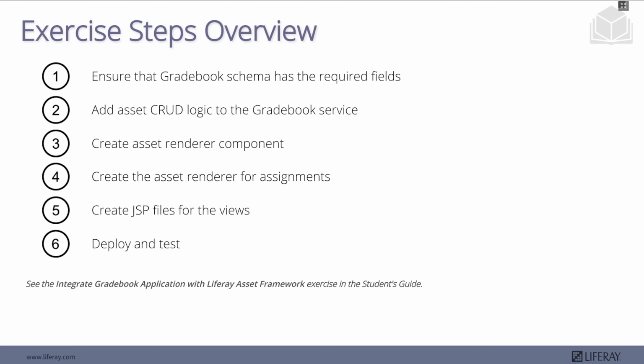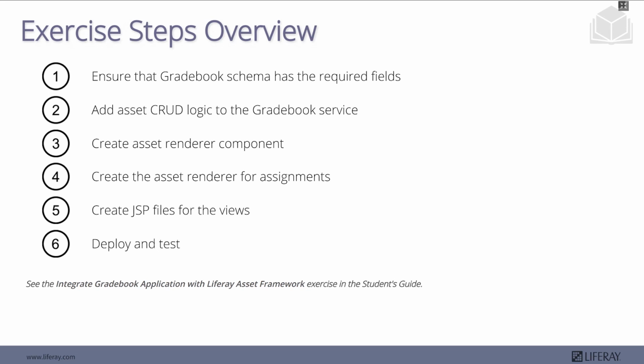So we're going to first start off by making sure our service.xml has all the fields that are needed. After that, we're going to double check our CRUD operations or methods and add the corresponding action that's going to be performed on the asset entry. So create an asset entry, delete it, update it, and so on, as the same thing occurs with our assignment entity.